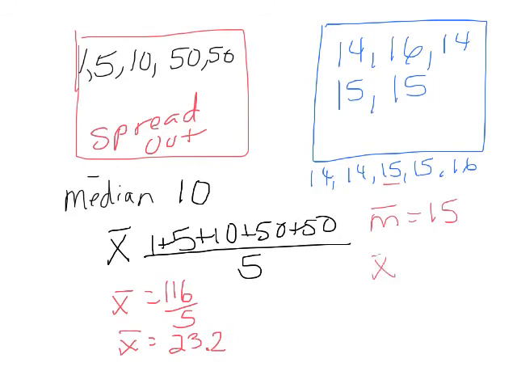And then the average is, let's see, 14 plus 16, that's 30. And then 15 plus 15, that's another 30, that's 60. And then plus the 14, so that's 74. Oops, I made some arithmetic slips there, let me get it together.